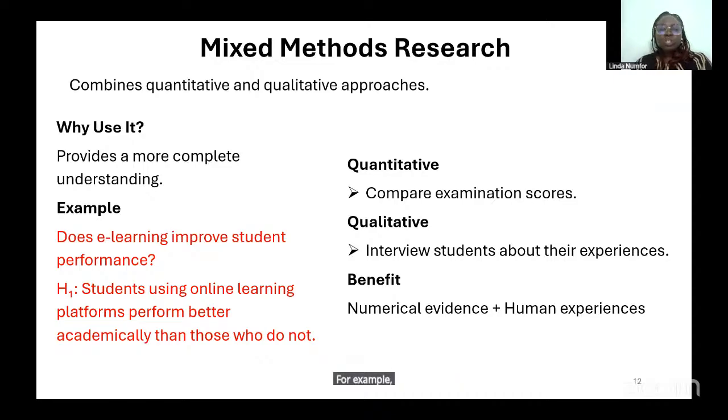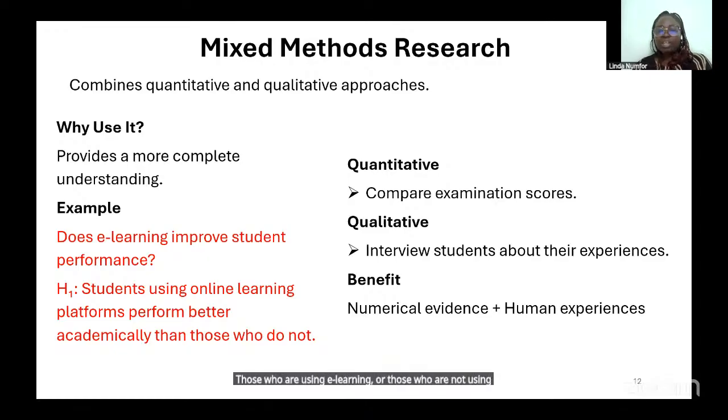For example, does e-learning improve student performance? Or it could be in a hypothesis form: students using an online learning platform perform better academically than those who do not. Now, the quantitative analysis here will be comparing examination scores. You compare the results of students who are using e-learning and those who are not.